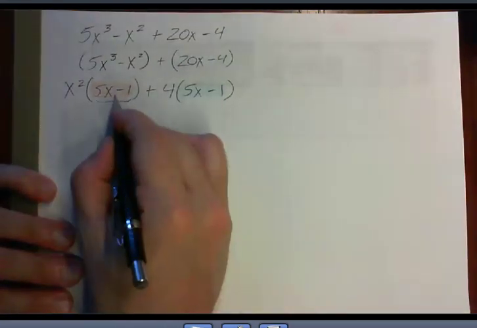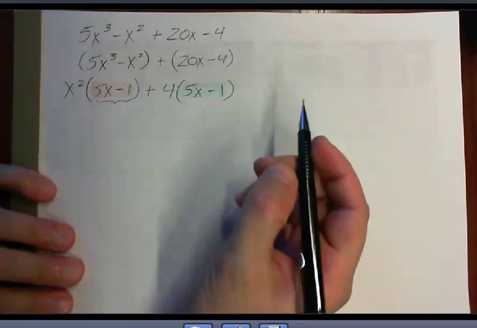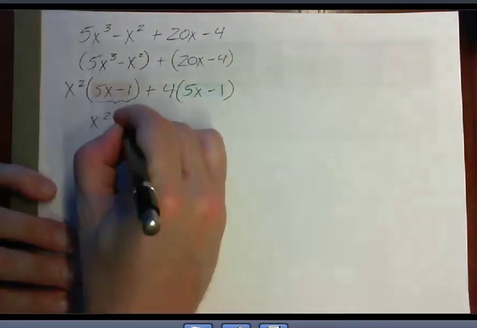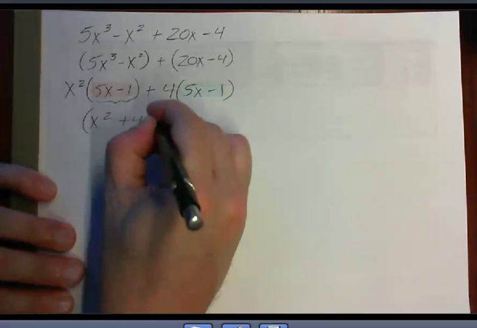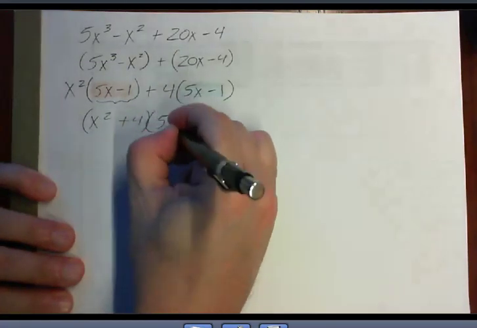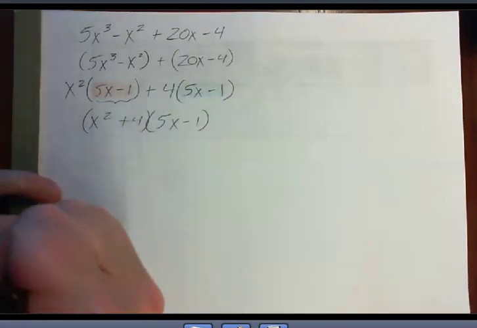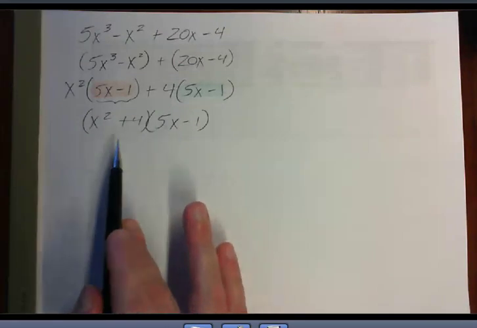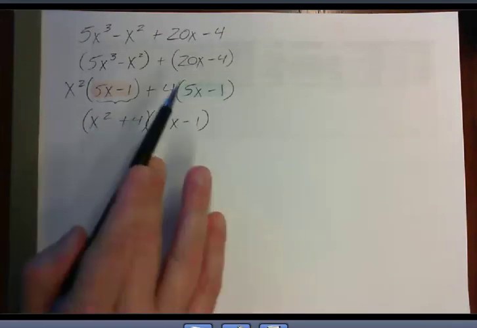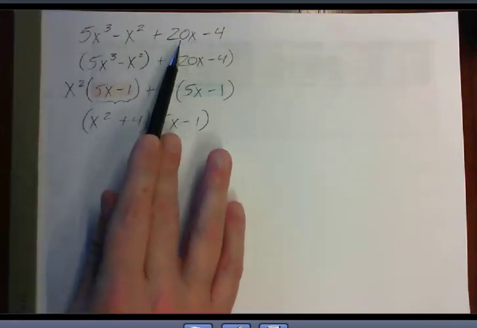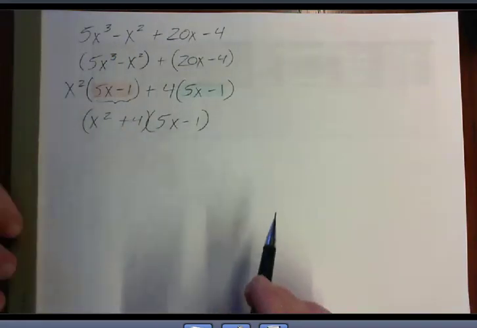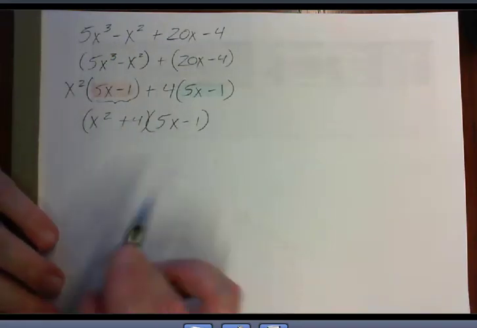We have to have that same value left, or we can't really use the factoring by grouping. This is going to leave us with x squared plus 4 times 5x minus 1. And just as you can with all of your factoring, we can certainly FOIL this back out to make sure that we do get this original polynomial. Okay, and if you'll take the time to FOIL that out, you will get that original.